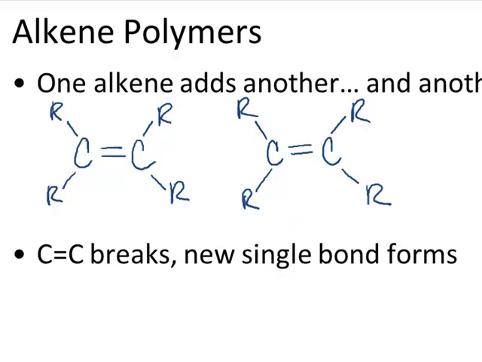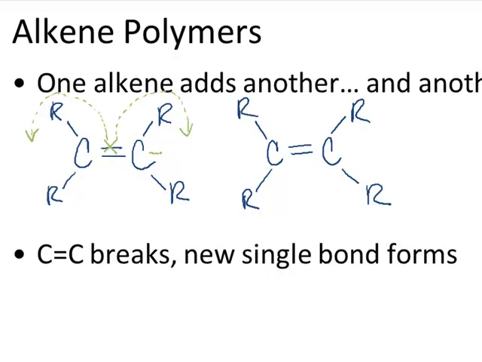I'm going to change my pen color so hopefully you can see this in a little bit more detail. Essentially what will happen is this double bond will break and the electrons that were in it will be transferred to a new bond. Now, both of the electrons don't go in the same direction. One goes one way to create a new bond and the other goes the other way.